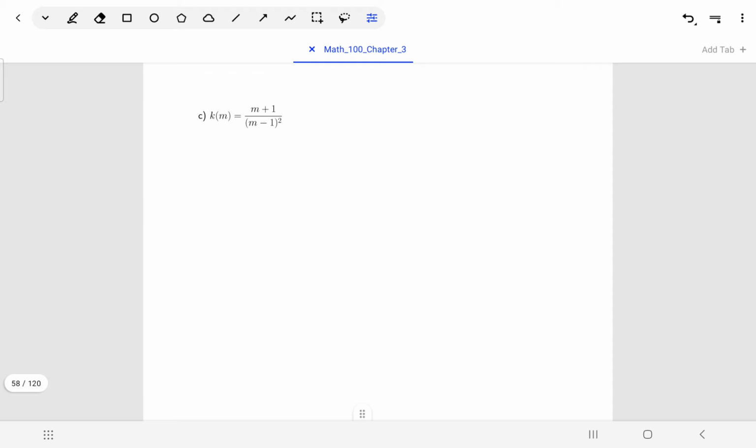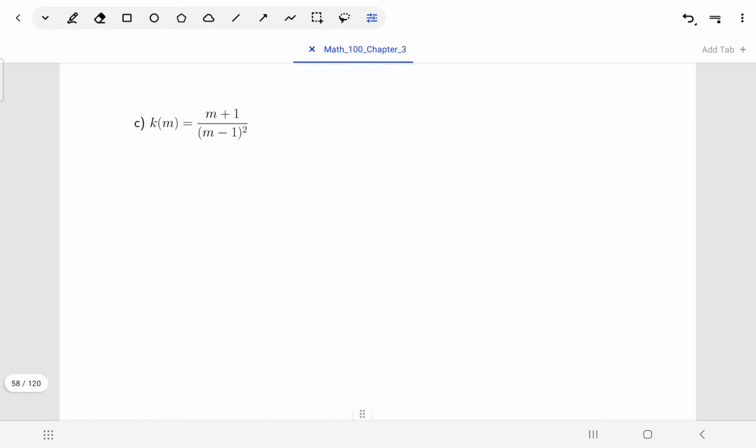Okay, let's do another one just for fun. So another quotient, so quotient rule. Let's see what we get. So the bottom gets squared, m minus 1 squared getting squared gives me m minus 1 to the 4.